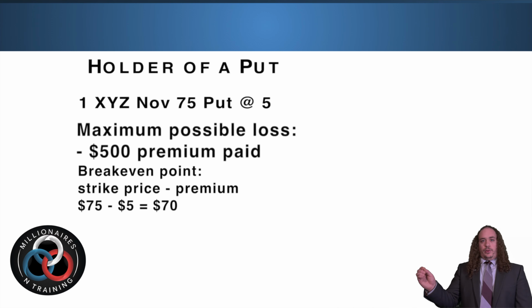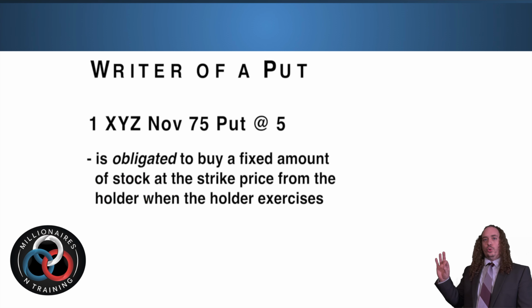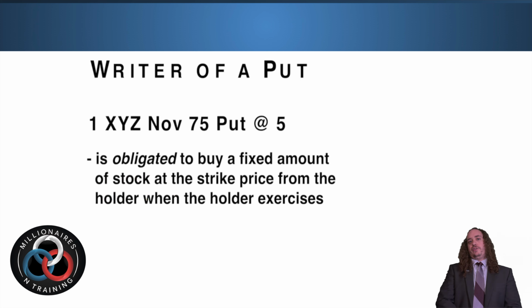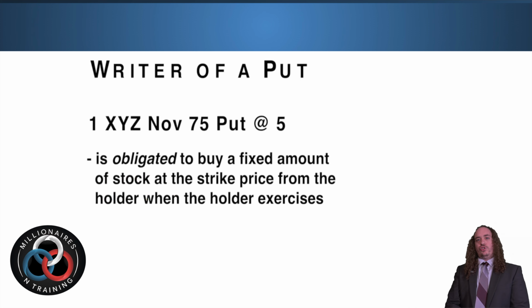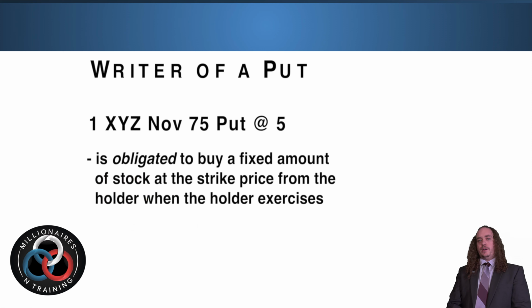Let's look at the writer of a put, the seller. The writer of a put is obligated to buy stock from the holder when the holder exercises. With this option, the writer would be obligated to buy 100 shares of XYZ at $75 per share. For granting this right, the writer of a put receives 100% of the premium.